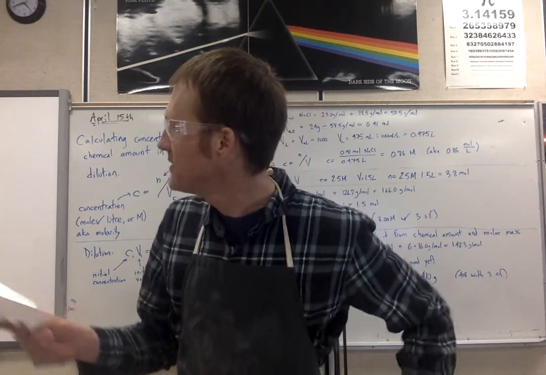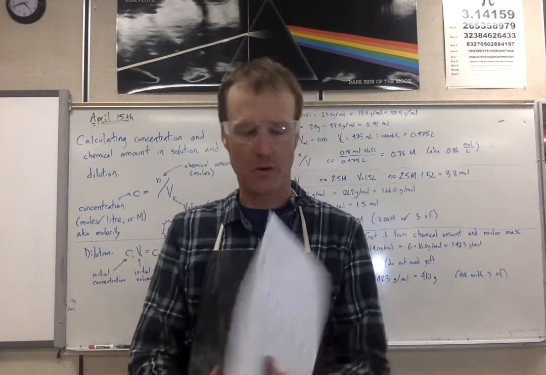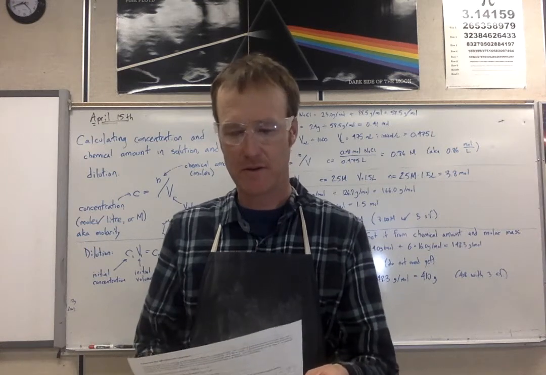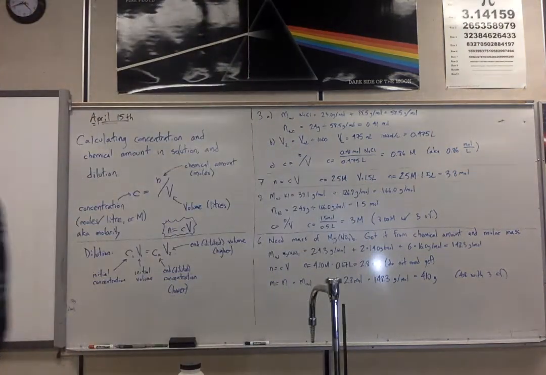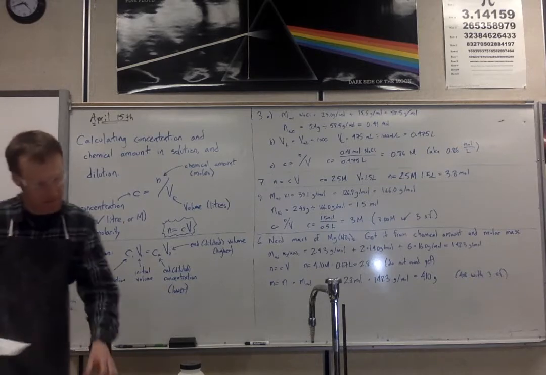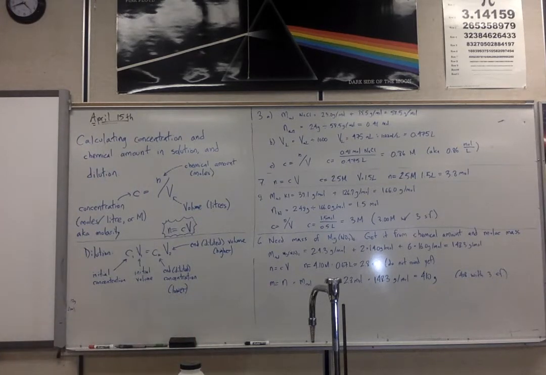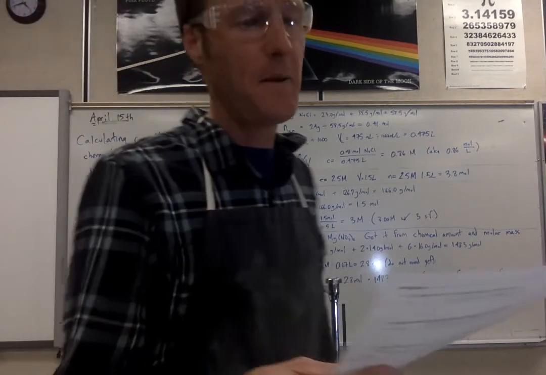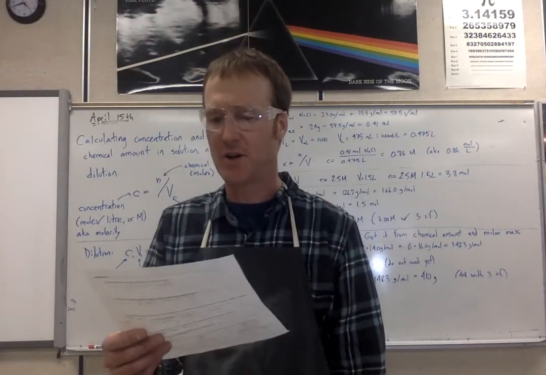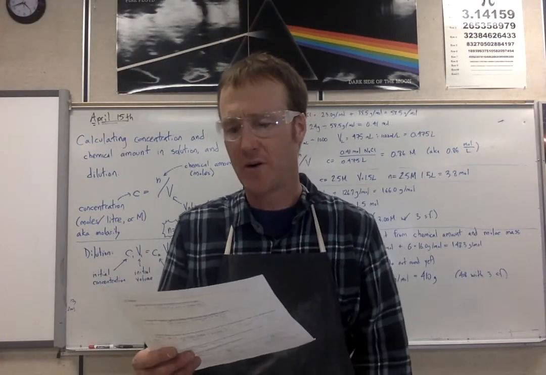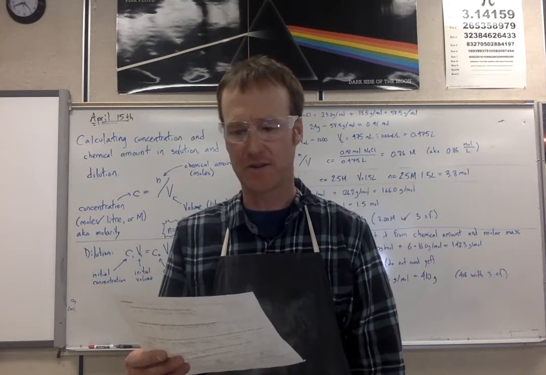The third question, 15, we needed C1. If 65.5 milliliters of HCl stock solution is used to make 450 milliliters of a 0.675 molar HCl solution, what is the molarity of the stock solution?